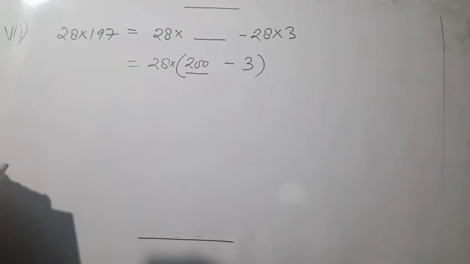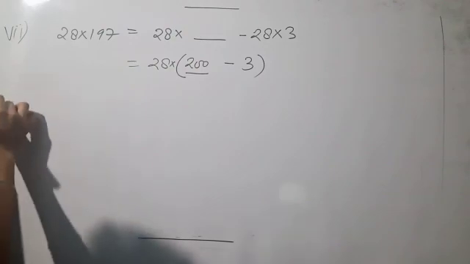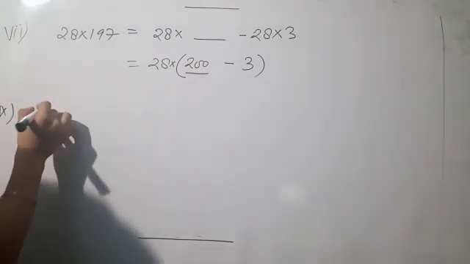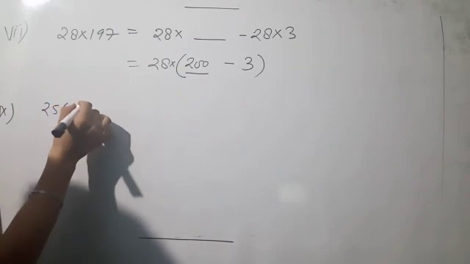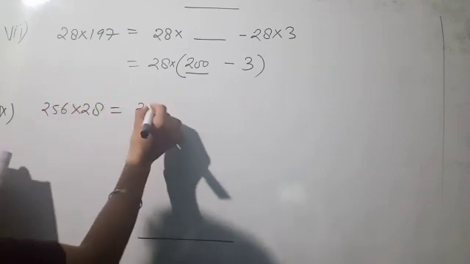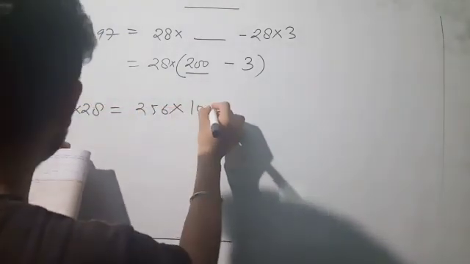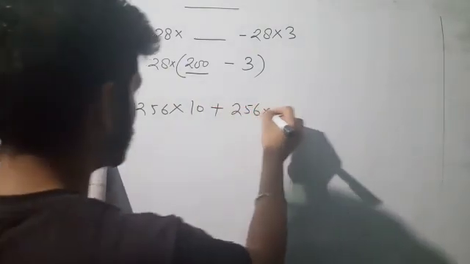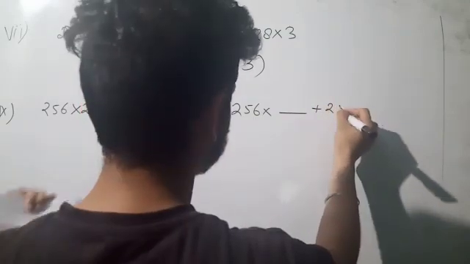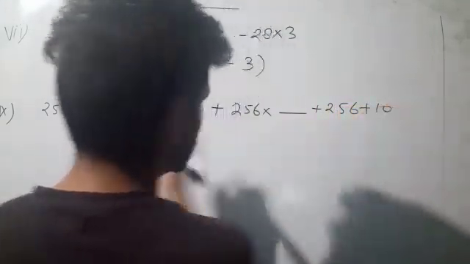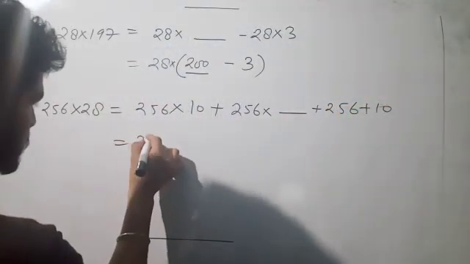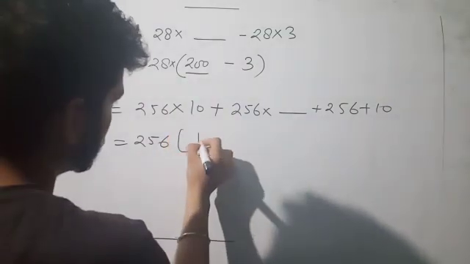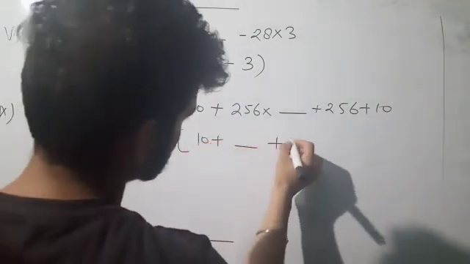9th part. In the 9th part we have 3 terms. 256 into 28 is divided as 256 into 10 plus 256 into dash plus 256 into 10. We can take 256 as common: 10 plus dash plus 10.